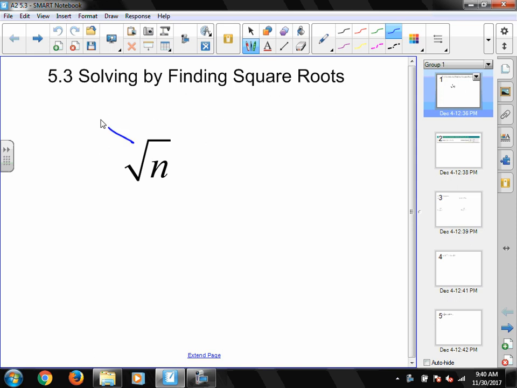This thing, you guys usually call it a square root sign. It's actually called a radical sign. That little check mark thing. Inside the radical sign is the radicand, the number we're taking the square root of.